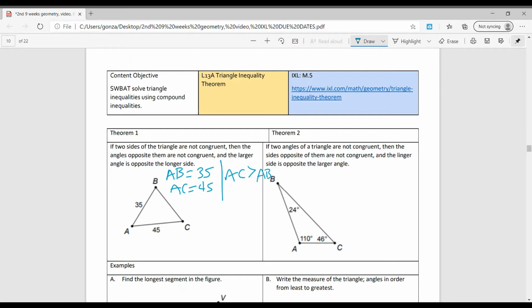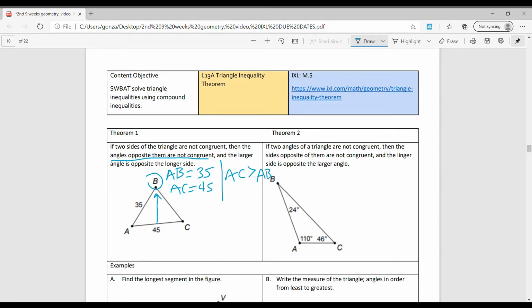But let's talk about this part of the theorem. AC has the angle B that's opposite to AC. So you can say that B is going to be a large angle.